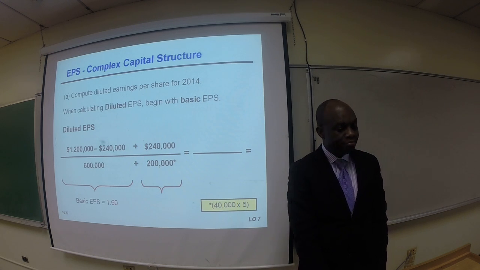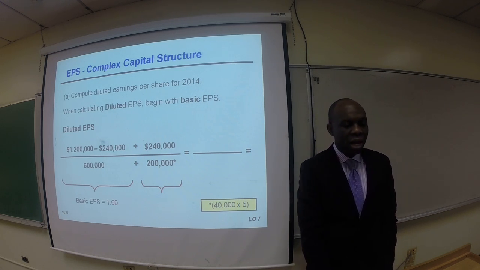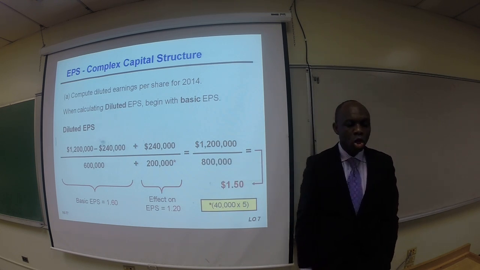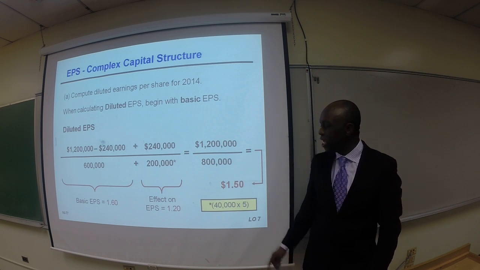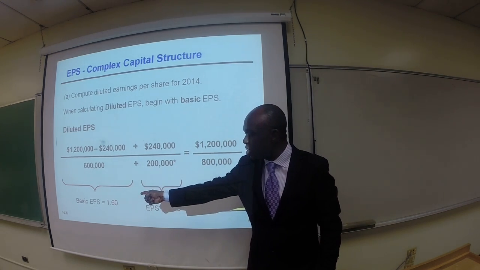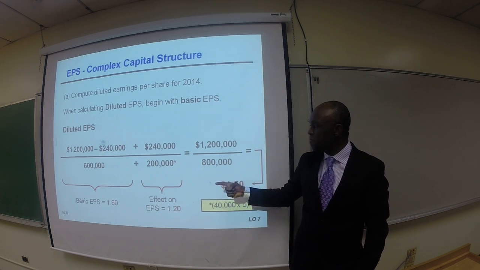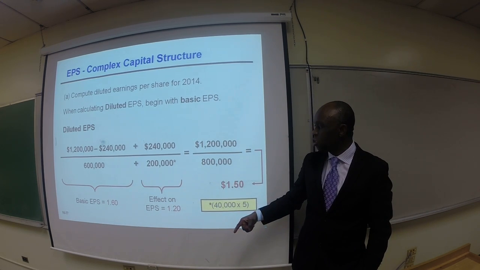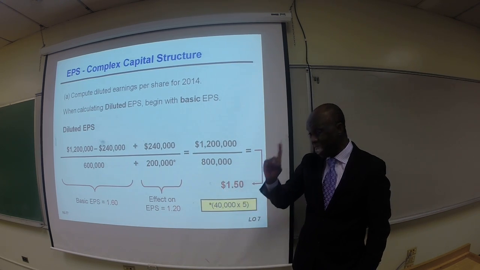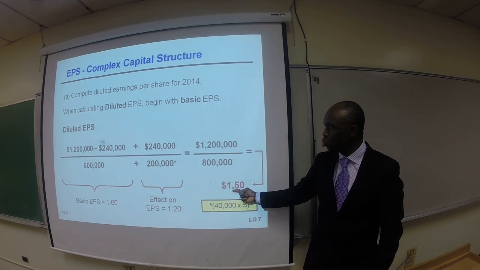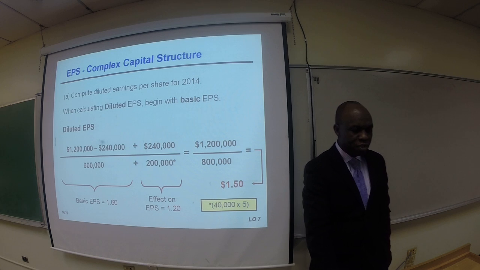When you do the math, we have a 1.2 million numerator over a denominator of 800,000. So we now have $1.50 as diluted EPS. The basic EPS is 1.60, diluted 1.50, meaning if the preferred shares were converted to common stock, the diluted EPS will be $1.50.